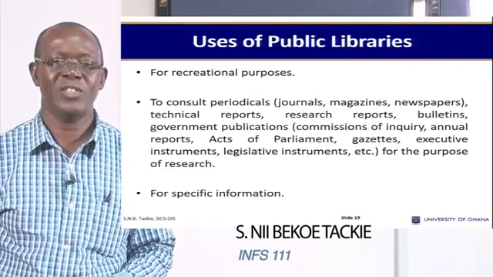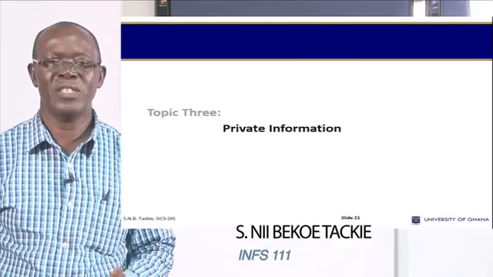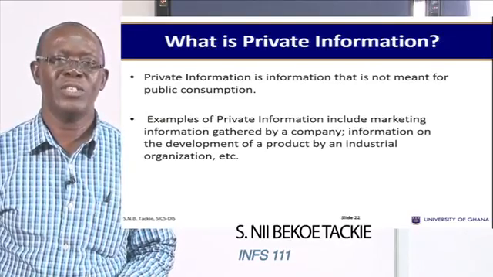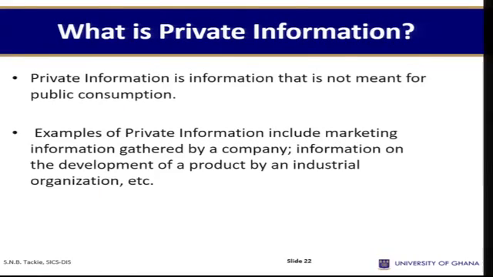Private information, another type of information is what we call private information. Now, private information is information that is not meant for public consumption. What it means is that it's information that is kept from all other people. It's information that is given on a need-to-know basis.